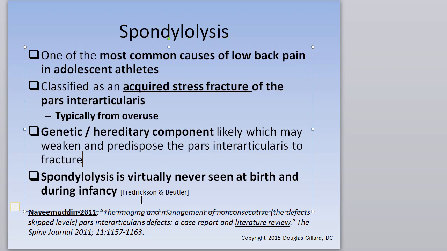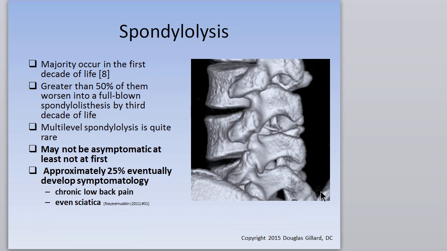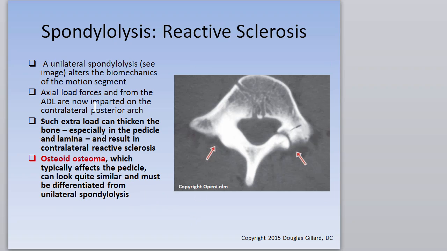Remember the Fredrickson and Butler study. You should know that Fredrickson and Butler study. And here's some more things. So know this stuff here. I would definitely know that. Approximately 25% eventually develop symptomatology. Not 90%, 25%, not all of them. But here's a good one.